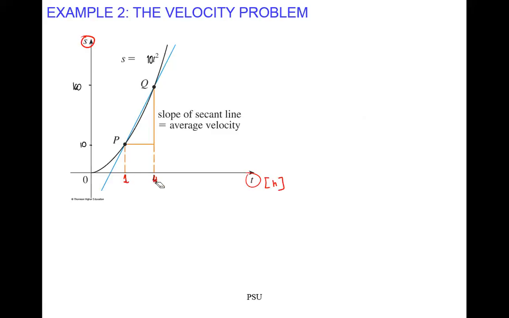From 1 hour to 4 hours. That means I can pick 1 p.m. to 4 p.m. That's what we're looking for. After 1 hour you drove 10 miles, this is in miles, and after 4 hours 160. It means almost the same scenario.